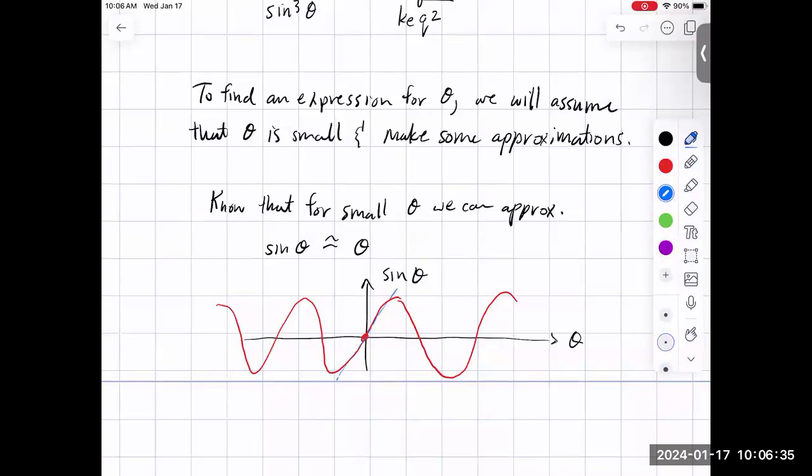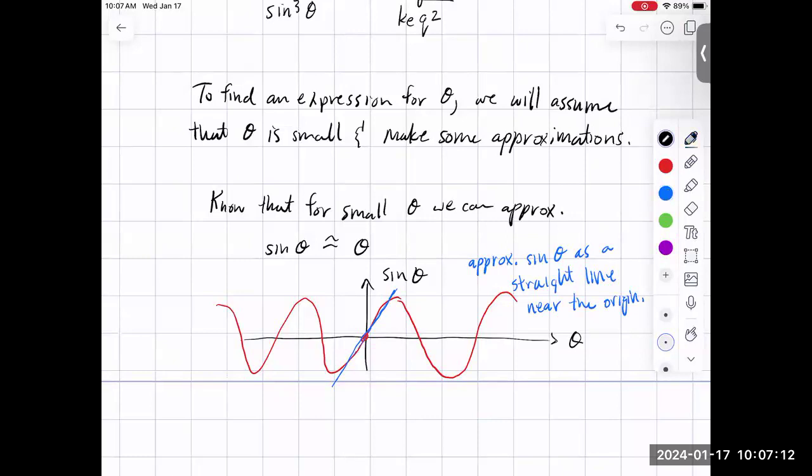So we approximate this curved oscillating function as the straight line, as long as we stay close to the origin of our coordinate system. That's really what we're doing, approximating sine theta as a straight line near the origin. Okay, so that's an interpretation of our small angle approximation for sine theta.